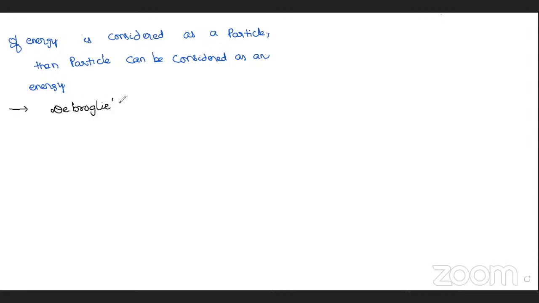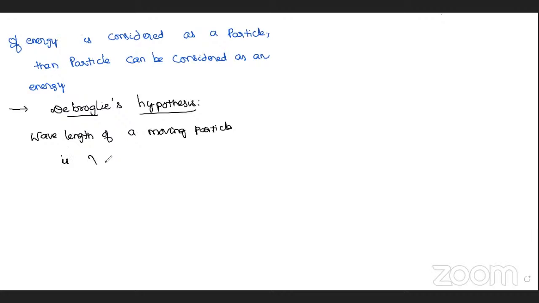De Broglie's hypothesis, meaning the assumption: the wavelength of a moving particle is lambda equals h by p.